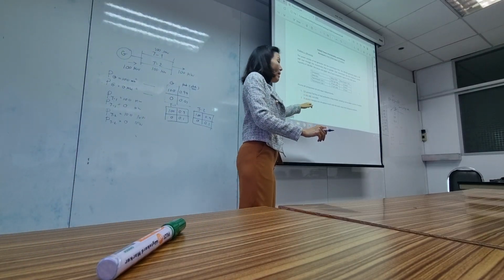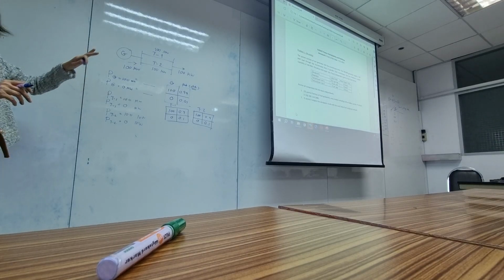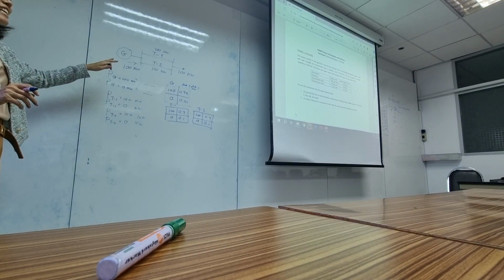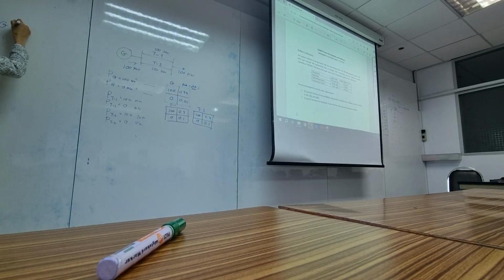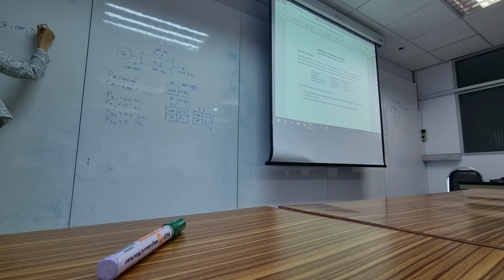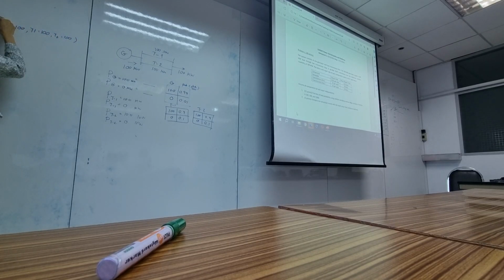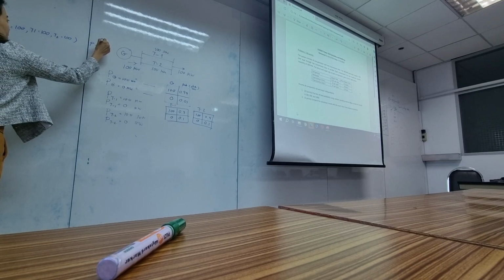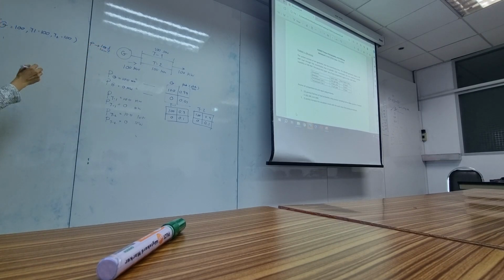For the analytical method, you can enumerate, right? If you don't want to do anything, you can enumerate. In this case, you have 3 components. G equals to 100, T1 100, T2 100. What is the probability? Loss of load? Is it loss of load?